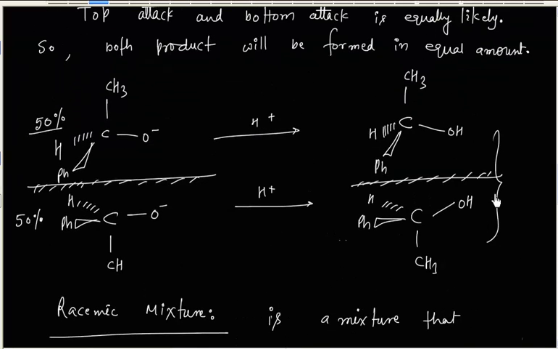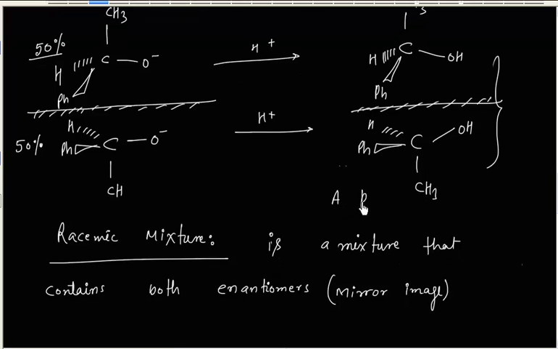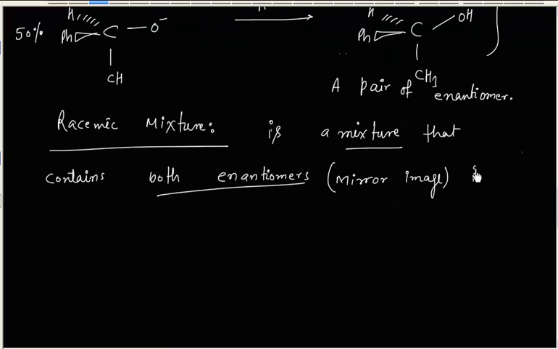So these two are enantiomers. We have an enantiomeric pair. So this is a pair of enantiomers. So both are contained. So a racemic mixture is a mixture that contains both enantiomers in equal amount.